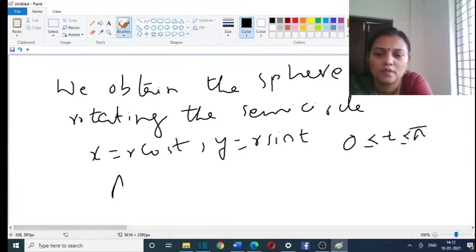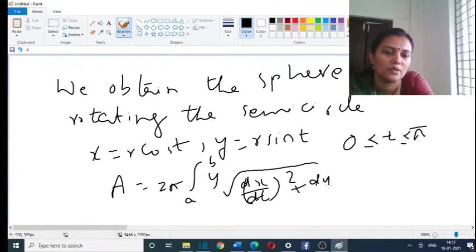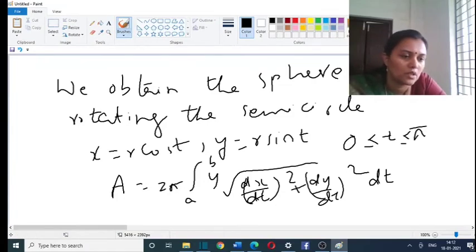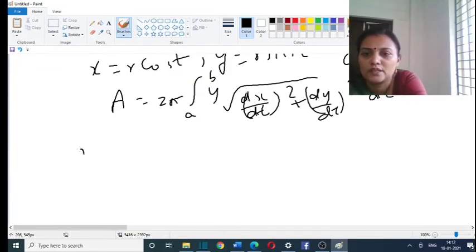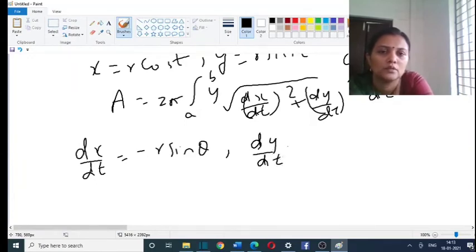So the area, we can use the formula 2 pi into integral a to b y into square root of dx by dt all square plus dy by dt all square dt. So here x equal to r cos t. So dx by dt is equal to minus r sin t and dy by dt is equal to r cos t.